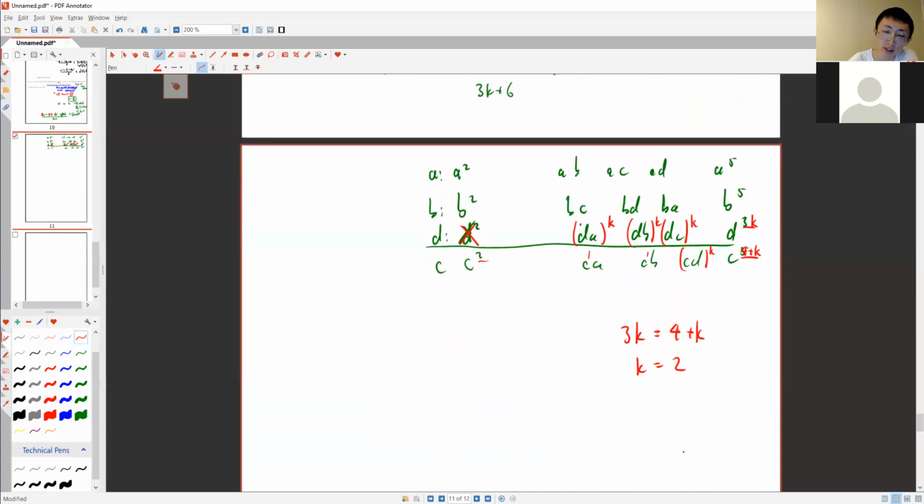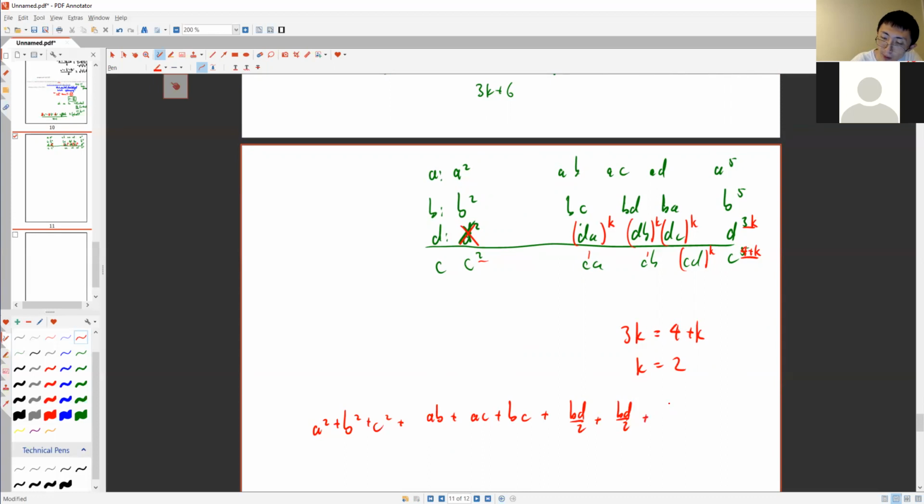So what we just found is that with our expression, instead of having BD, we weight it twice.